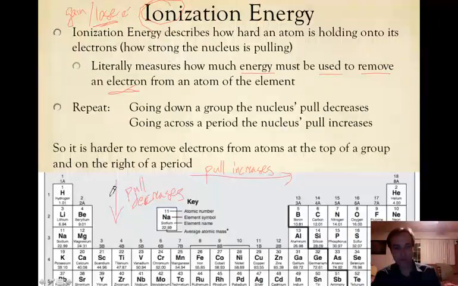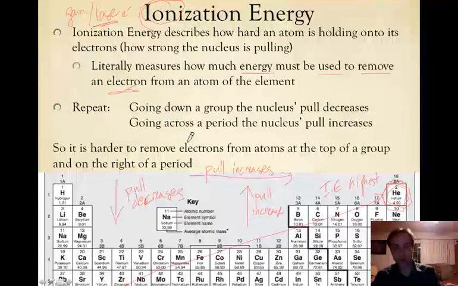So if we flip this, as we go up, the pull increases. If we put these two together, it means that ionization energy is highest at the top right of the periodic table.